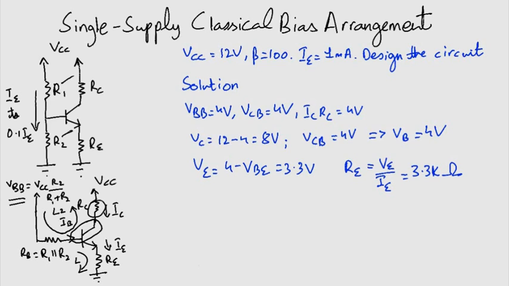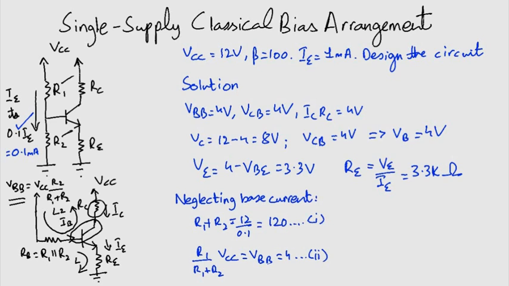Now remember what we talked about, that the voltage divider current would have a value between 0.1 IE and IE. So we select a value of 0.1 IE, and this comes out to be 0.1 milliampere. Neglecting the base current, we write two equations. Solving these simultaneously gives us R2 equals 40 kilo ohms and R1 equals 80 kilo ohms.